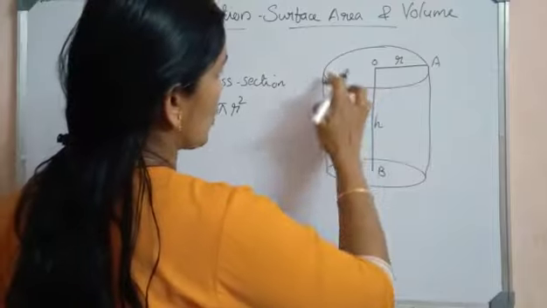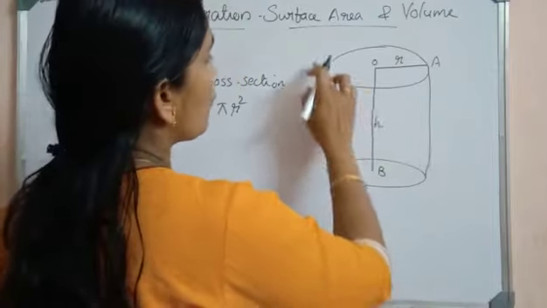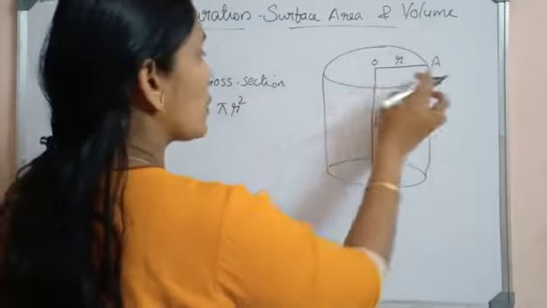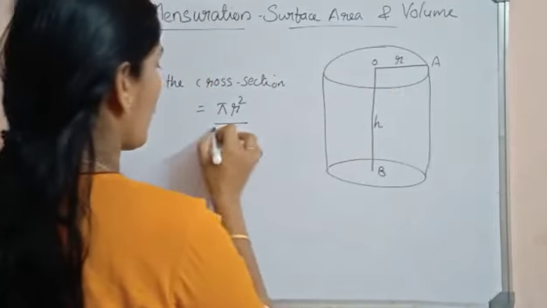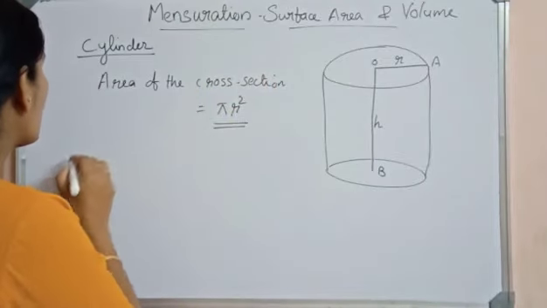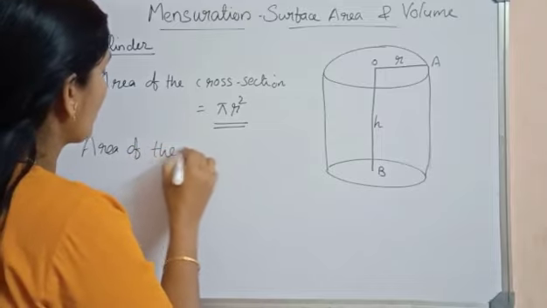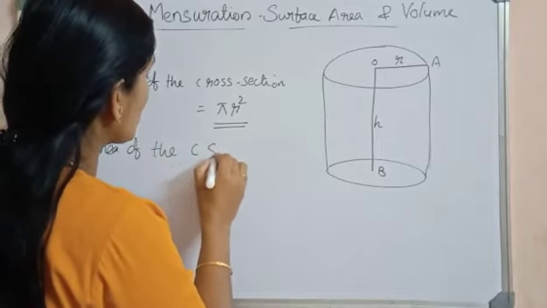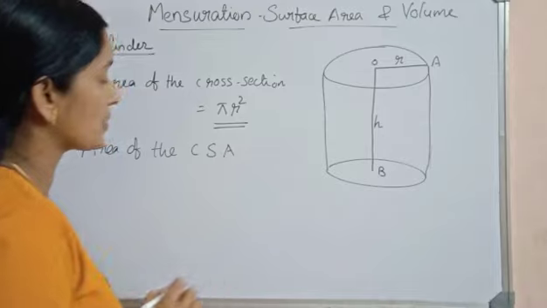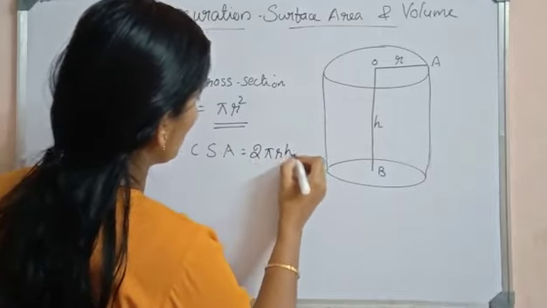There are two circular faces, so the area of one circular face, that is the area of the cross section, is pi r square. And there is a curved face here, and the area of the curved surface is called the curved surface area or the lateral surface area, and that's equal to 2 pi r h.